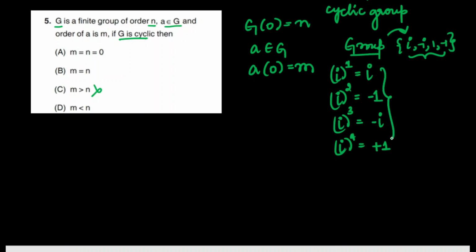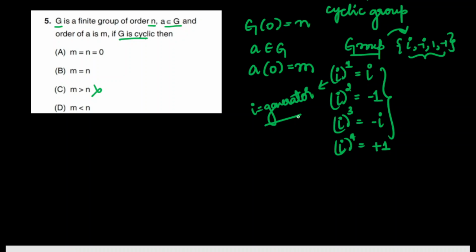We are getting all the elements of the group from this iota. Instead of this iota, if you take minus iota also, you will get the elements. And now I call I a generator here. What I call a generator means a cyclic group can be created from one of the elements, and that element we call a generator.